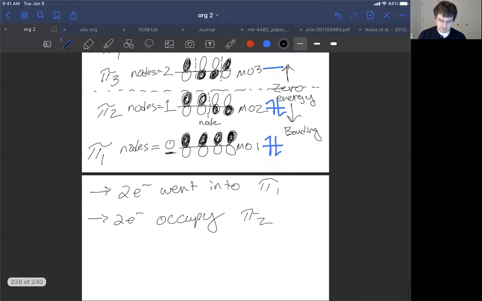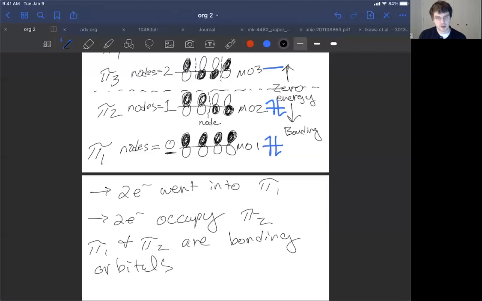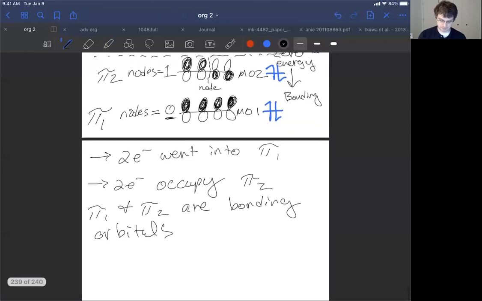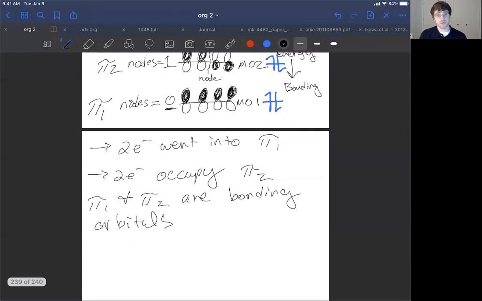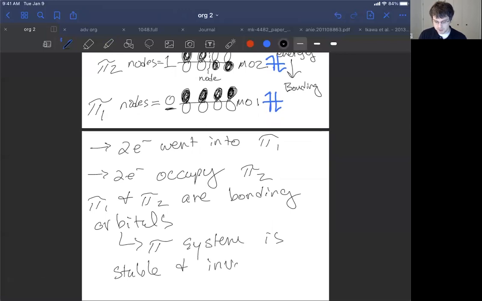And what's great about these is that pi 1 and pi 2 are bonding orbitals. And so if we're only occupying bonding orbitals, we would say that this tells us that our pi system is stable and involves 4 atoms.